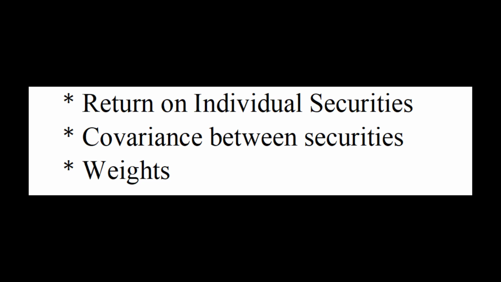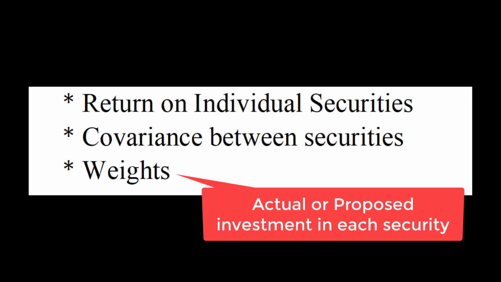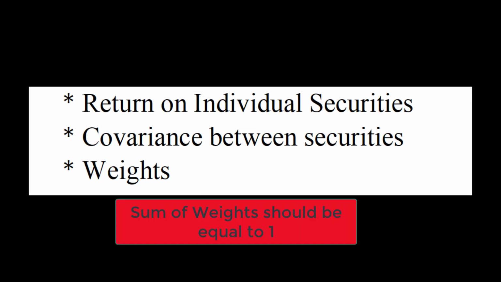Weights can be proposed or actual investment in each security. For simplicity, we will allocate equal weights to each security. But it is important to remember that in each case, the sum of weights should be equal to 1.